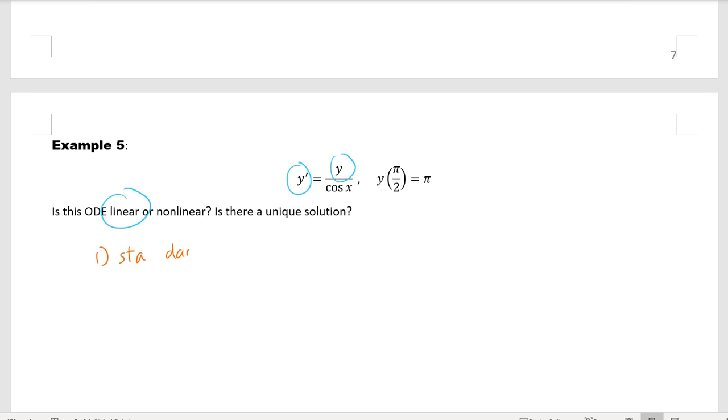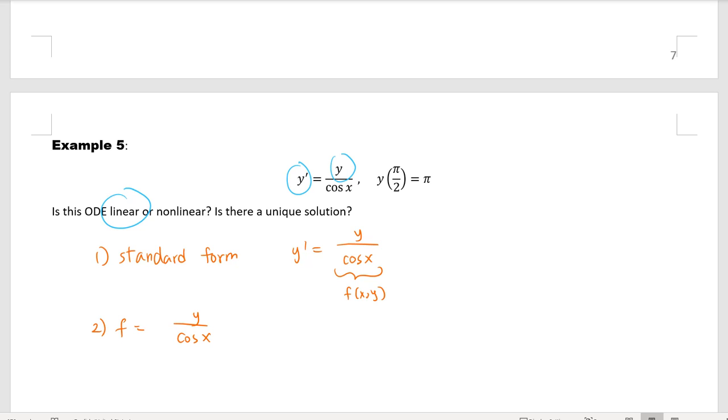So in these examples, you can see I was giving you standard forms, but in the exams, I might not give you standard form. Then you have to solve for y prime to get the standard form. Okay, so y prime is y over cosine x, and this is f of x, y. So f is y over cosine x.